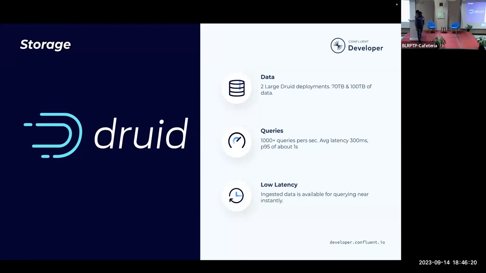Our average latency is 300 milliseconds, and P95 is about 1 second. So this is a near real time solution for our customers. The metrics are available within a few seconds to query.